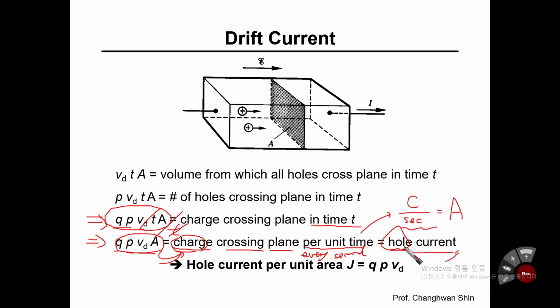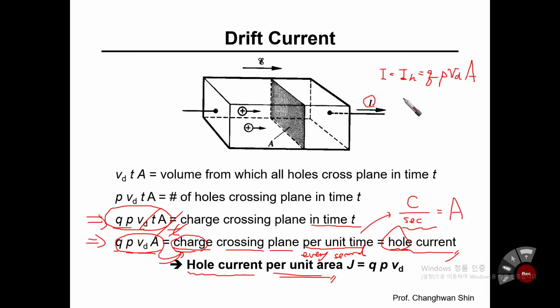Okay, so this current I is most likely driven by holes, and that can be written as QPVDA. And the author of the textbook said hole current per unit area.